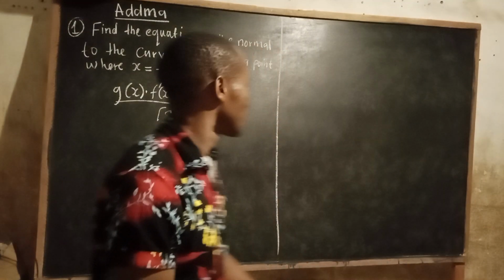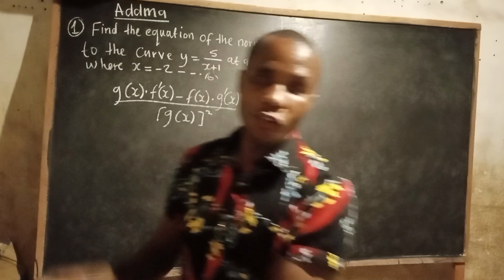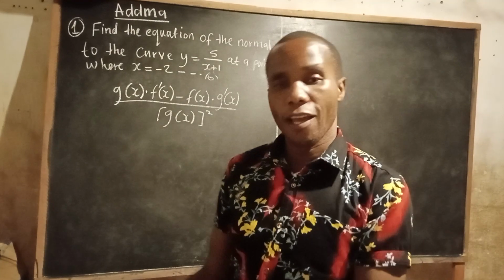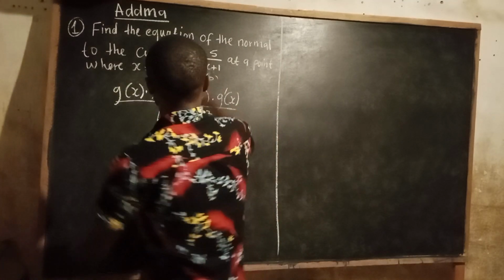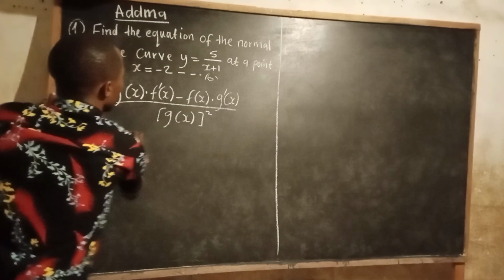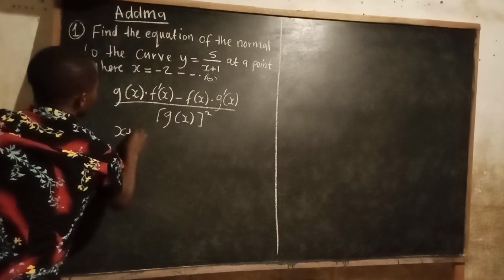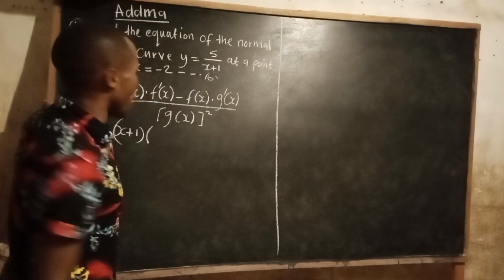Let us substitute now, bearing in mind that g of x is the denominator, f of x is the numerator. So where there is g of x, we are going to put x plus 1, times, and we just open the bracket there.